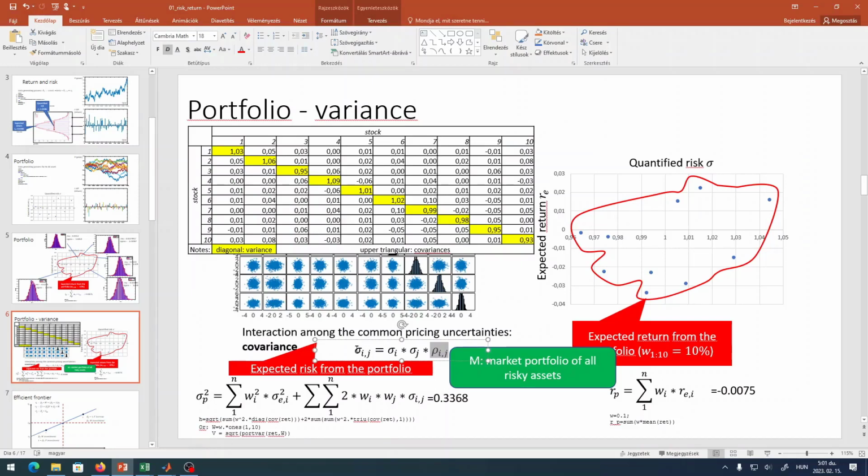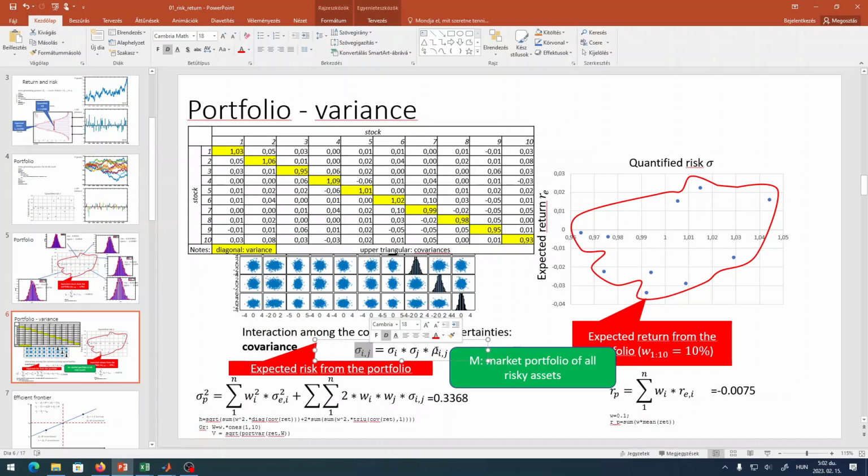So the variance-covariance matrix, which we can build up here, will describe how the variances, so the squares of the standard deviations, and also the covariances between the variables are defined.